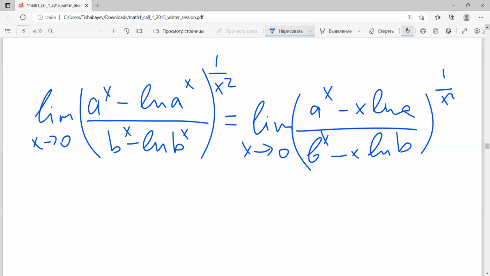You can use fundamental limits here, of course, and the corollaries of the fundamental limits.